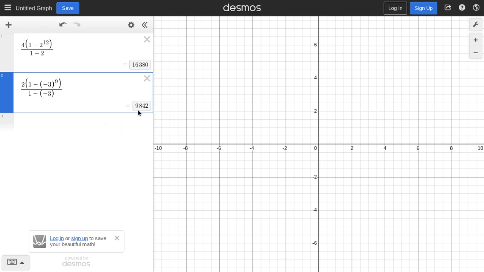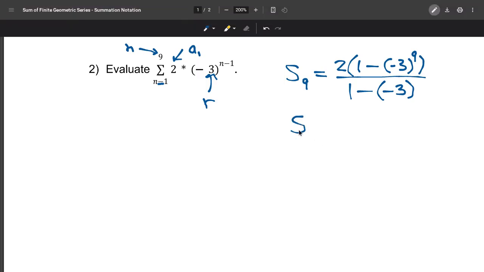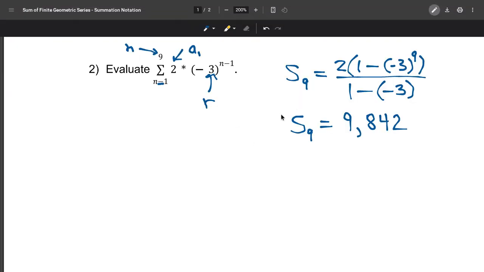So we get 9,842 as our solution here. So our solution for the sum of 9 terms is 9,842. Let's just check. Yep, 9,842. So that's our solution for that one.